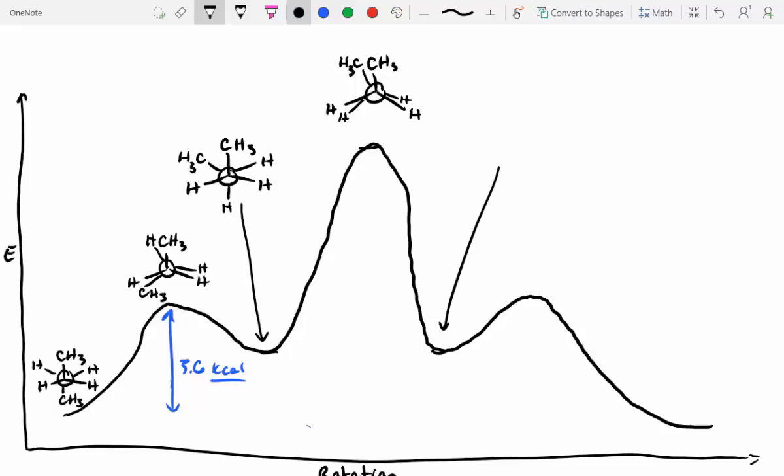So let me do this arrow. And then the last two are the other ones we had drawn.